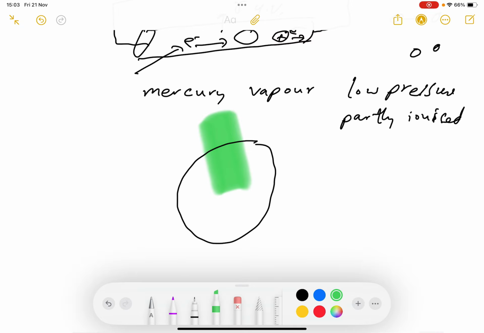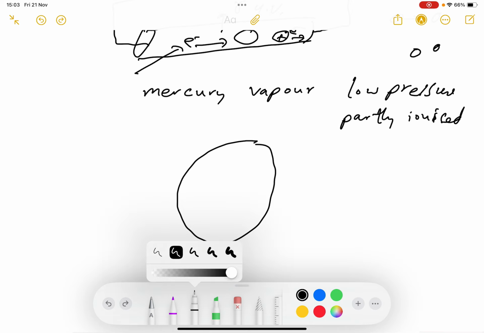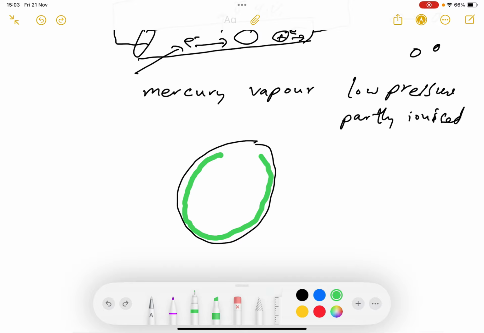Oh, that's set way too big. I think I better undo that. So I'm just going to draw in green. It's not actually green, it's white, but inside the tube, just inside the tube, is a fluorescent, which even I can do better at spelling fluorescent than that.